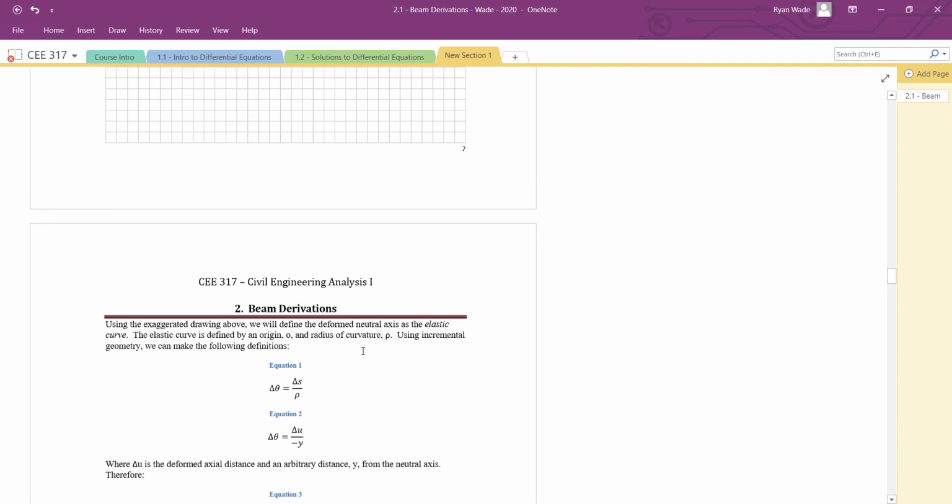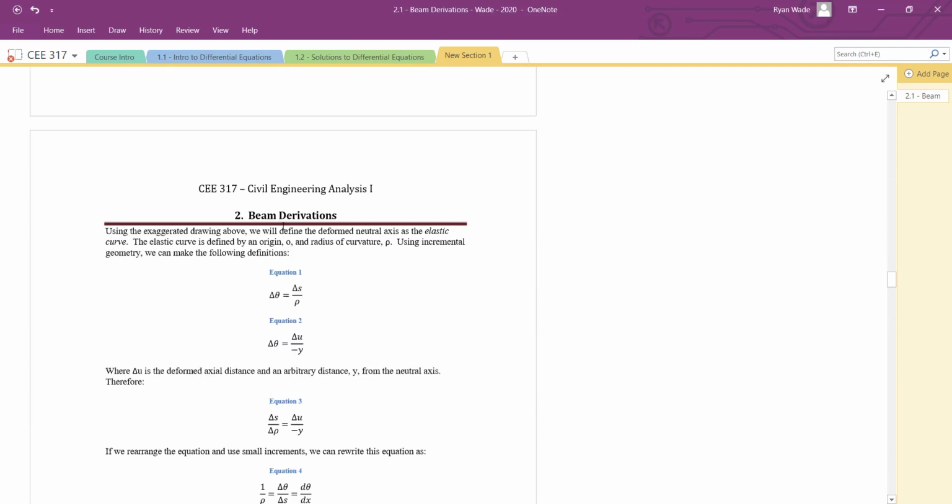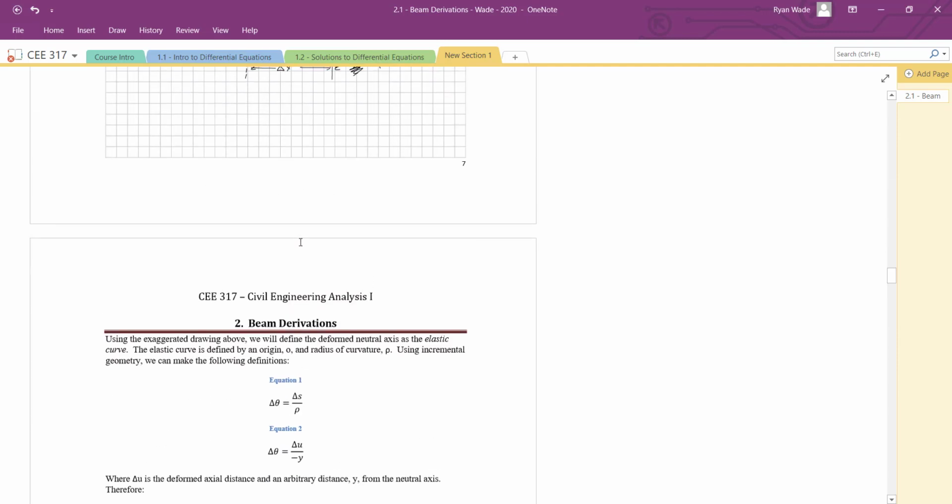I can also say that delta theta here, due to similar triangles, is going to be equal to delta U over delta S, right? So I'm coming down here, or negative y, sorry, that distance from the neutral axis. So it's the distance from the origin of curvature times the length, equal to the length at the neutral axis over the curvature, which is the distance from the origin of rotation to the neutral axis.